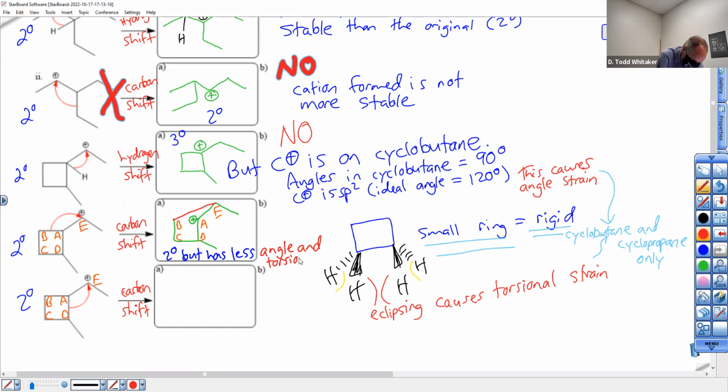This is my part of explanation for yes. That's more important than the fact that this thing has the same hyperconjugation. That explanation says yes. And I think that explanation says yes here and here. Okay?